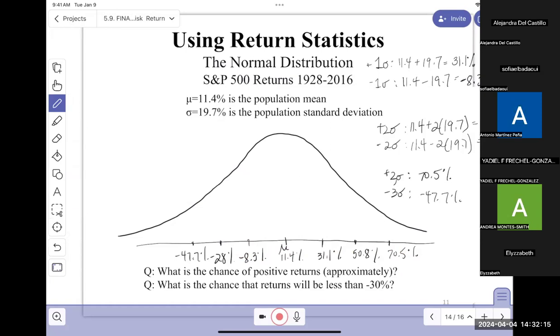But if I had to guess, it's at least bigger than, how much is this over here? What's the probability of being above the middle? 50%. Right, so it's at least 50%.